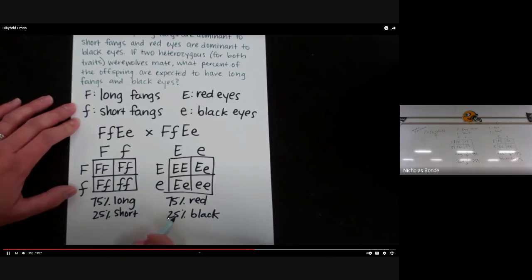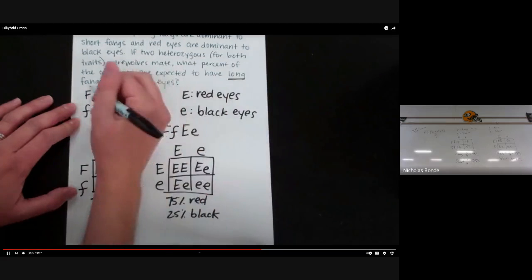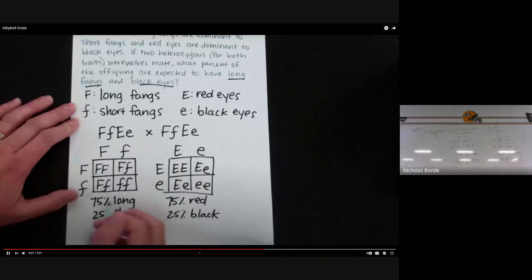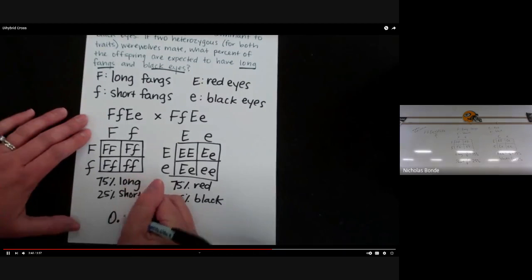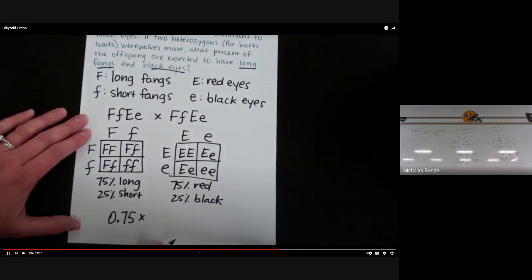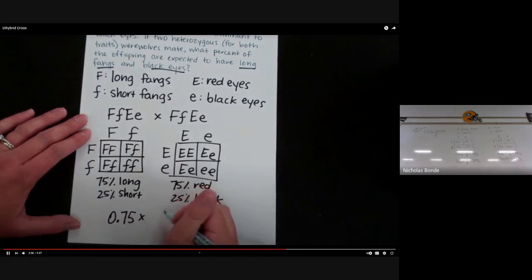So the question asks, what percent of the offspring are expected to have long fangs and black eyes? So long fangs, that chance would be 75%. So there's a 75% chance, or 0.75, that the offspring would have long fangs. And then for black eyes, that is a 25% chance. So multiply that times 0.25.